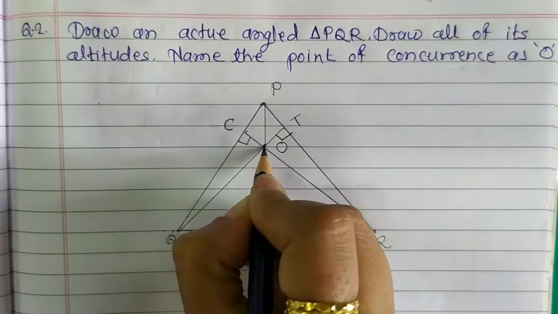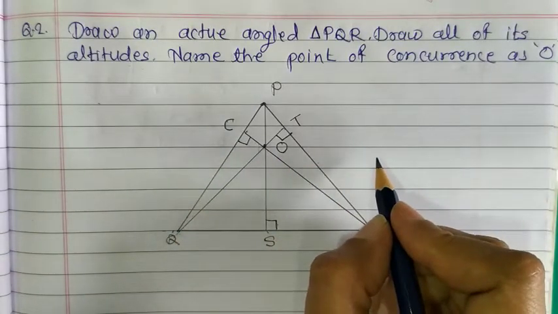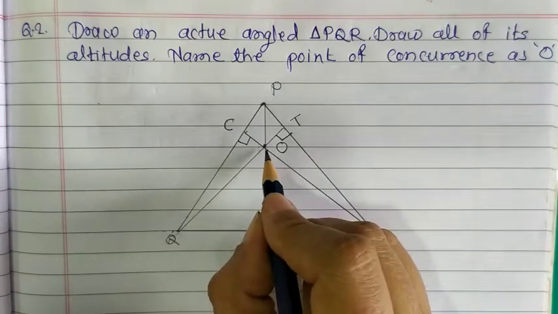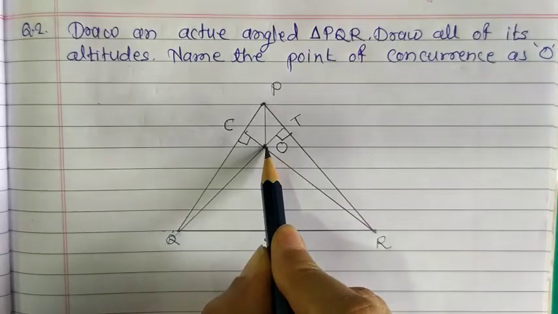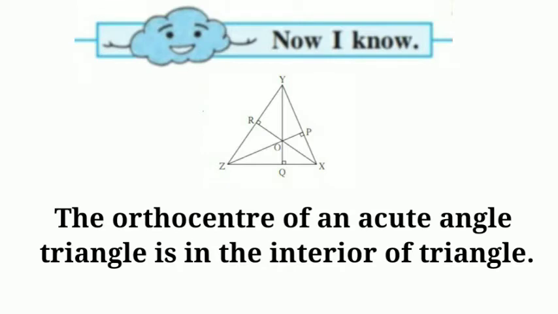They are joined here, forming the orthocenter, and the orthocenter of an acute angle triangle is in the interior of the triangle. Now I know the orthocenter of an acute angle triangle is in the interior of the triangle.